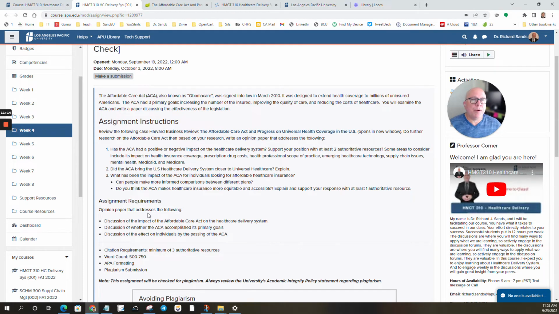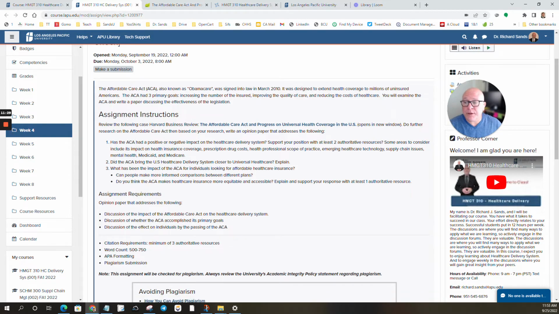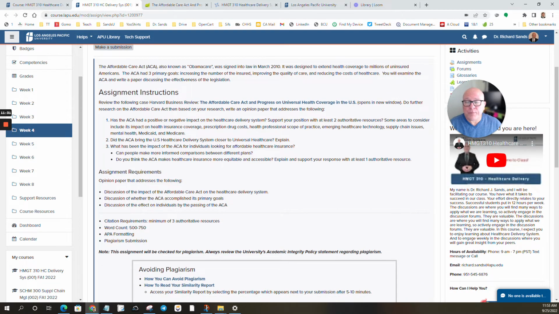So, you know, the impact, capital I, etc. I think you get it. The next section, the ACA, you could say, did the ACA accomplish its goals? Or ACA accomplishing primary goals, something like that, right? Again, center, bold, and then lastly, you can put effect on individuals by passing the ACA. Okay, so that would be 3 main sections.